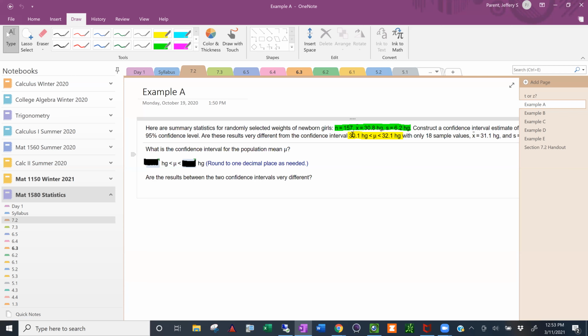There's also one other thing we need to take note of, and that is we want a 95% confidence level. So, okay, cool. 95% confidence level.